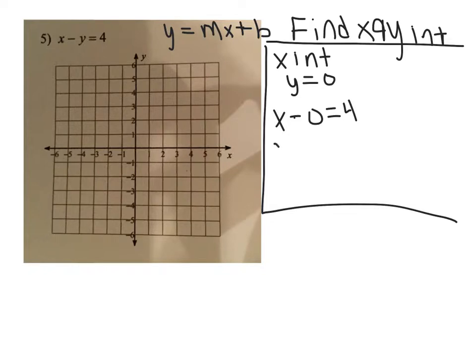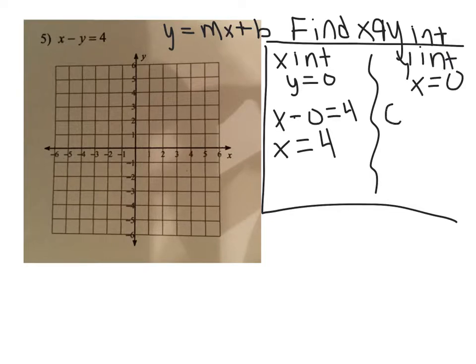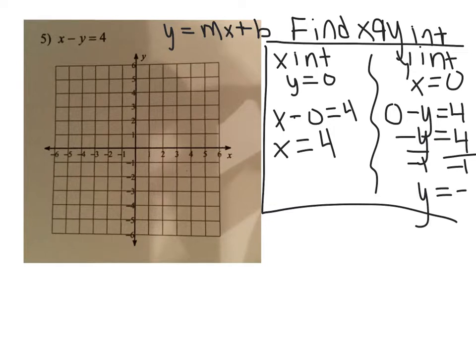X minus 0 is just called x equals 4. And if I find my y-intercept, to find a y-intercept, you let x equal 0. So 0 minus y equals 4. 0 minus y is just called a negative y equals 4. And then you have to divide by this -1. And so y equals -4.